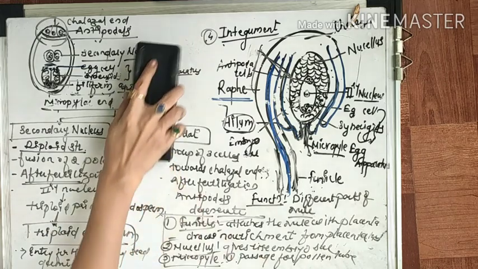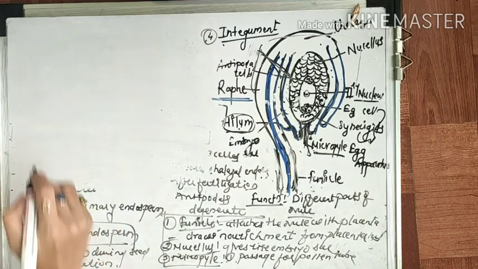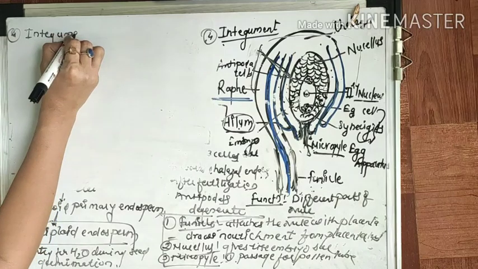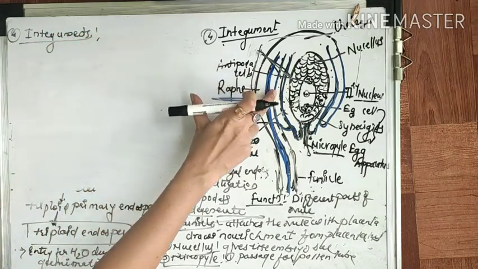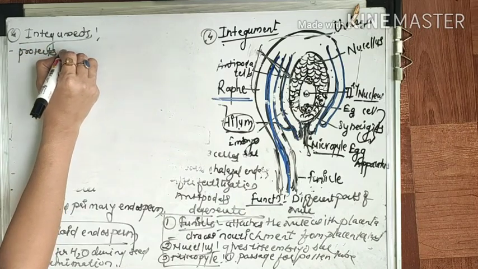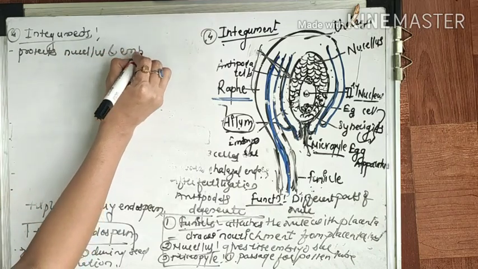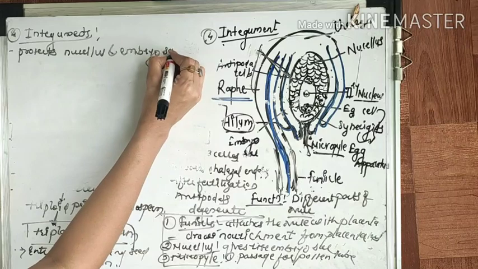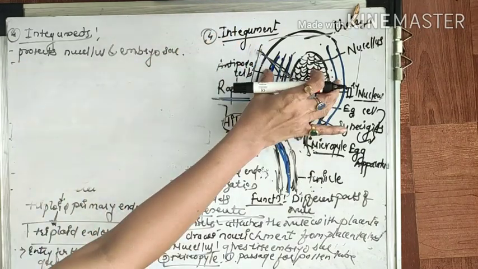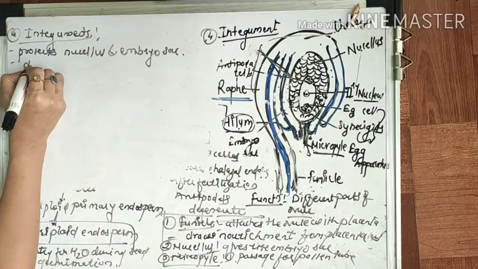So here I am writing the functions of the integument. The first function is that it protects the nucellus and embryo sac. The second is that after fertilization it develops into the seed coat.